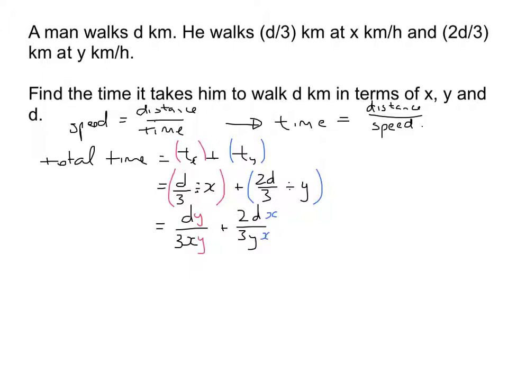I then end up with two terms with a common denominator of 3xy. So I simplify this to dy plus 2dx all divided by 3xy. That would be a suitable expression representing the total time.